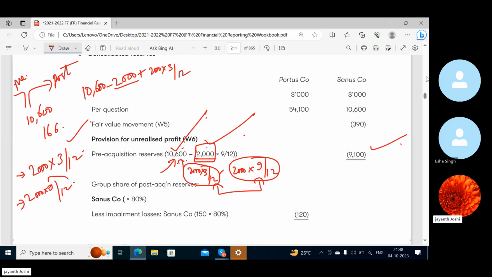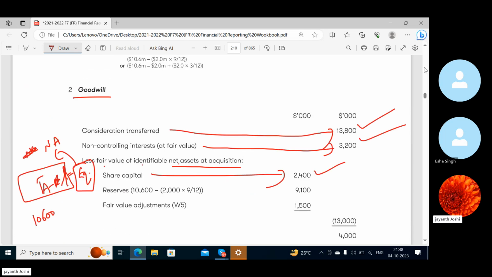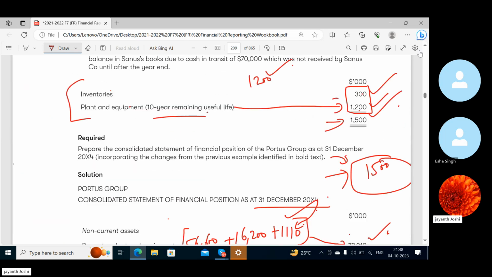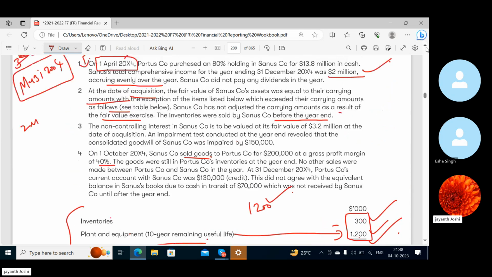There was the impairment loss also given in the question that I will show you. The NCI is given at 3.2 million. Already we know. An impairment test conducted at the year end revealed that consolidated goodwill of Sanus company was impaired by this much. So this impairment test was conducted at the year end, right?